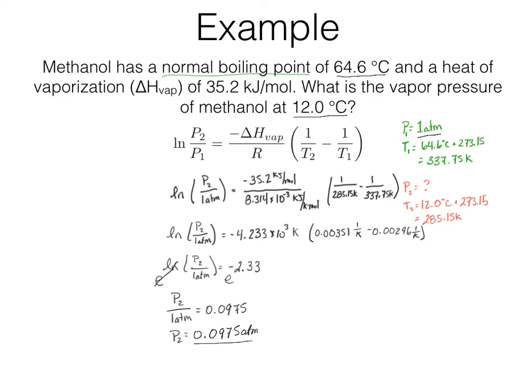To me, this makes sense because we know that as we increase the temperature, the pressure should go up, because we're giving these molecules more energy to be able to break their intermolecular forces and enter the gas phase. And so it makes sense that as I lower the temperature, the pressure also lowers.